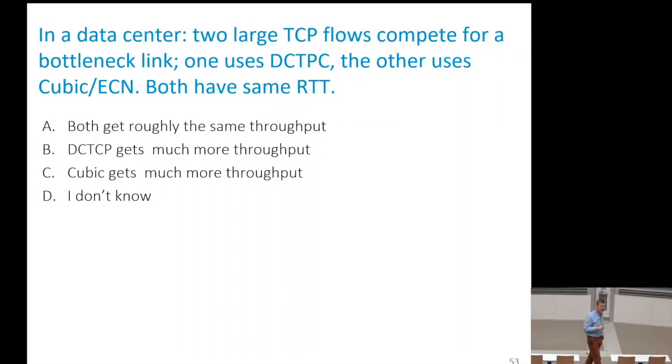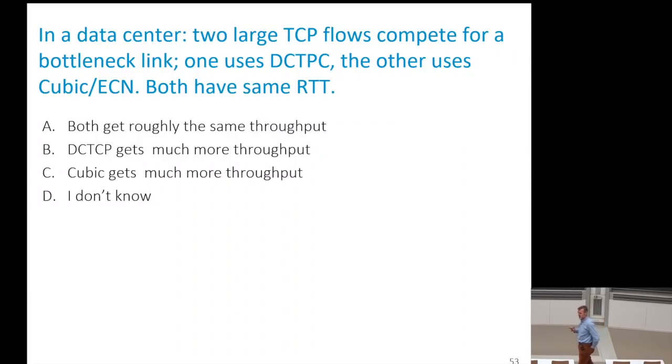Data center TCP is doing the same linear increase as TCP Reno. It's not doing the cubic increase. So if we compare data center TCP to TCP Reno, we see that it does the same increase and a decrease which is always less, probably on average much less, because the congestion probability will not be 100% except for very exceptional cases. So it will get much less than TCP Reno.